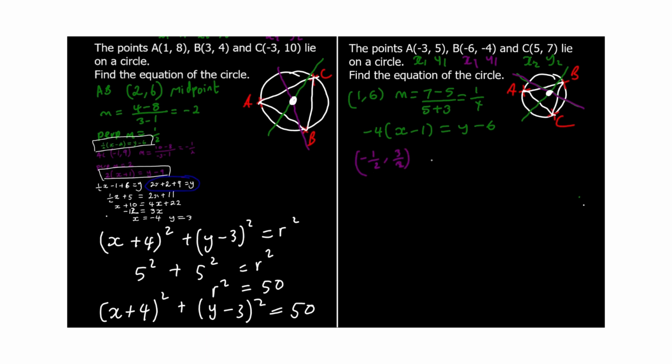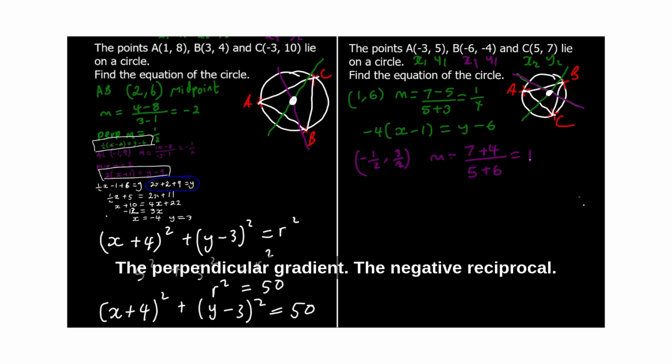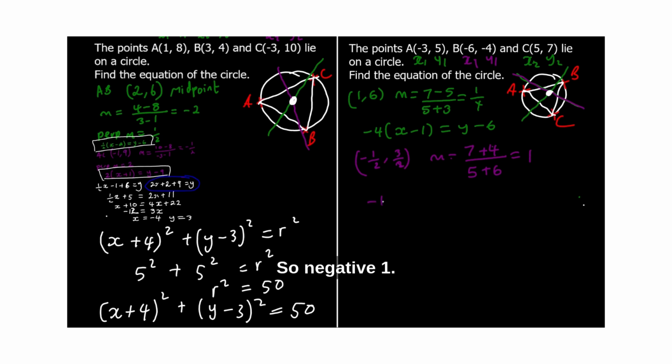The gradient is y2 minus y1, 7 minus -4, over x2 minus x1, 5 minus -6, which is 11 over 11, which is 1. The perpendicular gradient, the negative reciprocal, -1. So -1 times x minus -1/2, so x plus 1/2 equals y minus y1.